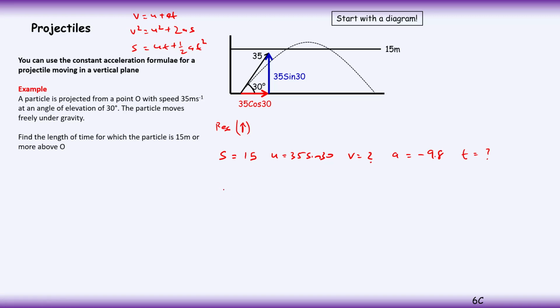So I'm going to use S equals UT plus half AT squared. Sub in what I know, 35 sine 30, that's times T, plus a half, minus 9.8 times T squared.